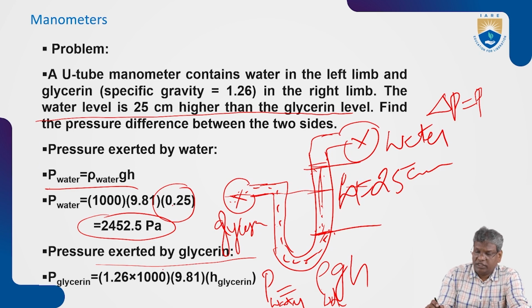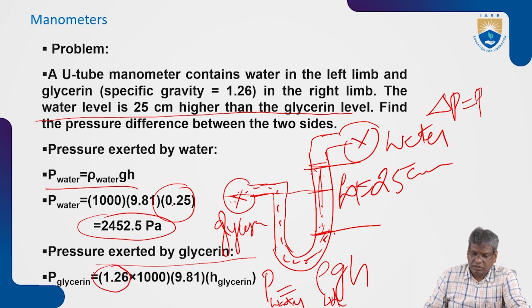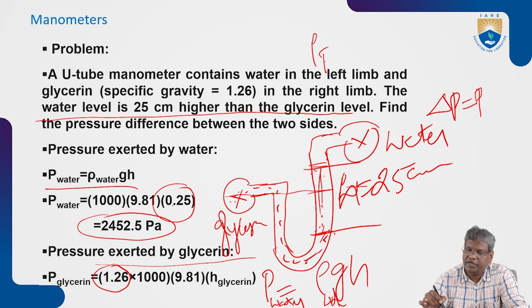Then what will be the pressure exerted by the glycerin? Glycerin will have a specific gravity of 1.26. As I told, rho of fluid divided by rho of water is equal to specific gravity.